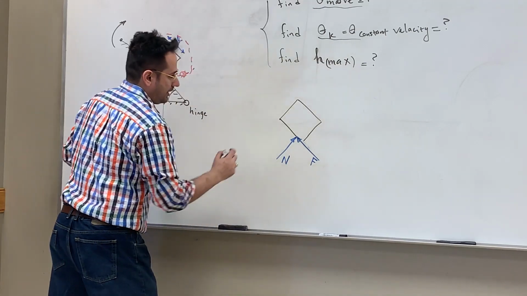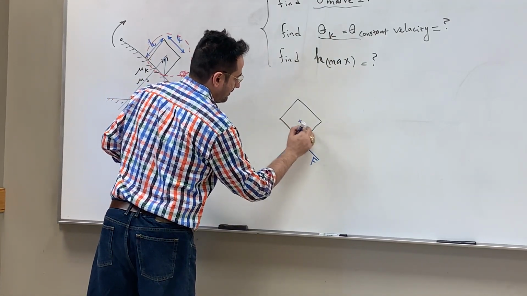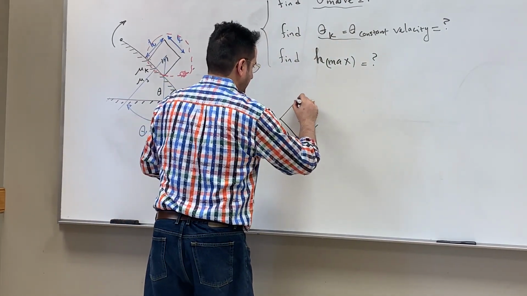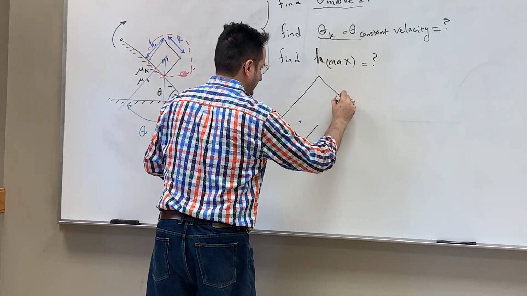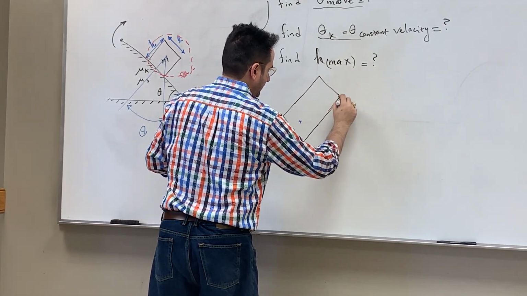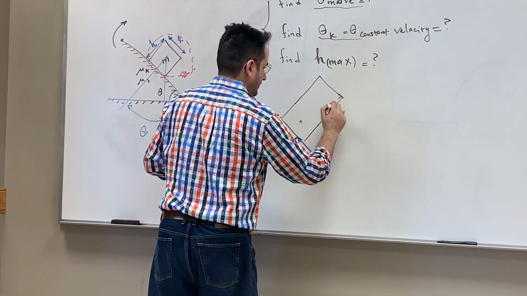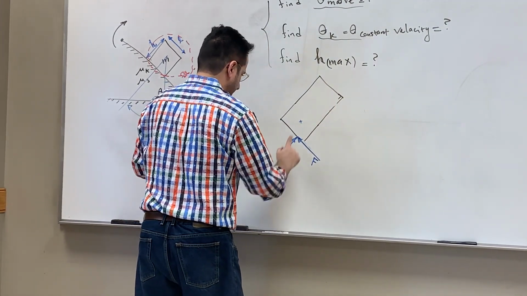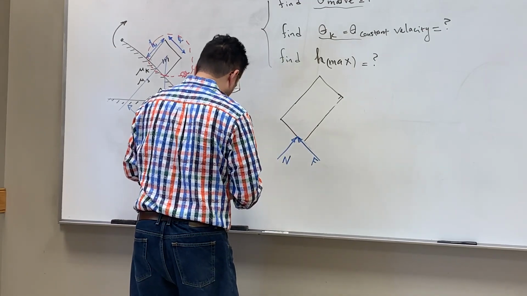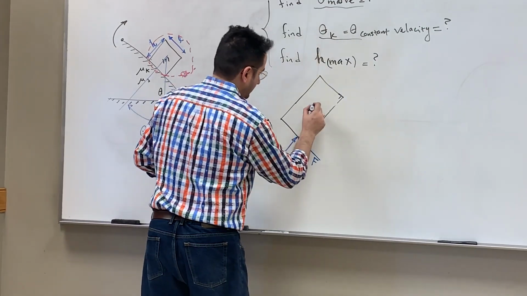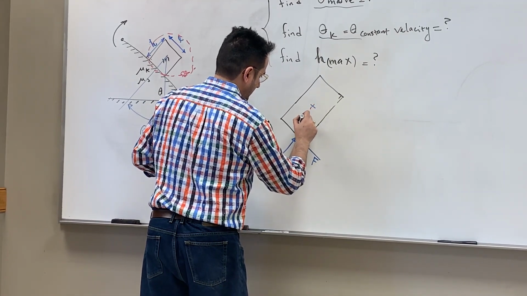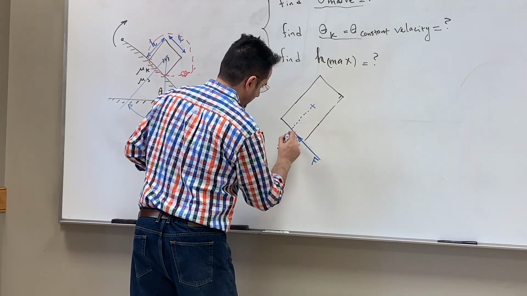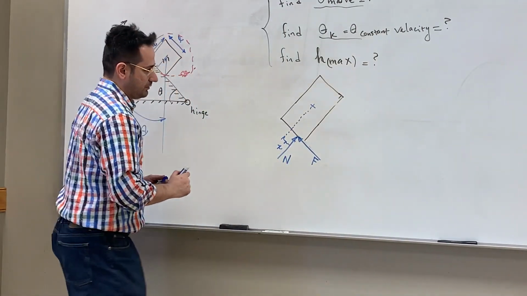With respect to center, let's say this box has a little bit of height. Let's emphasize the height. The center of this object, let's say the center is right here, so this distance is x with respect to that center.